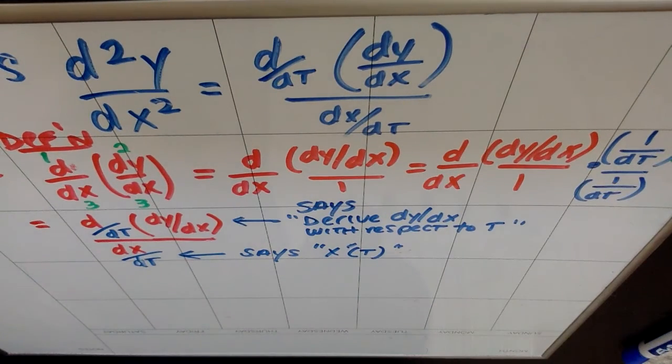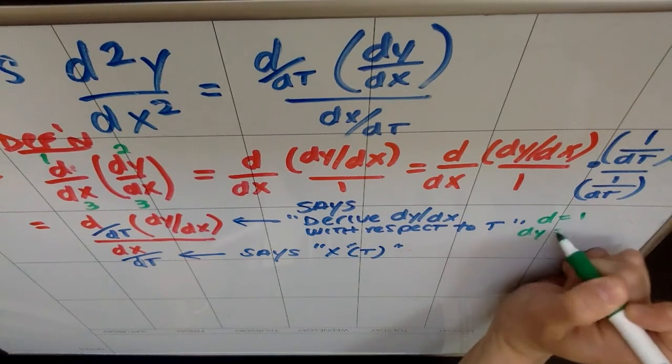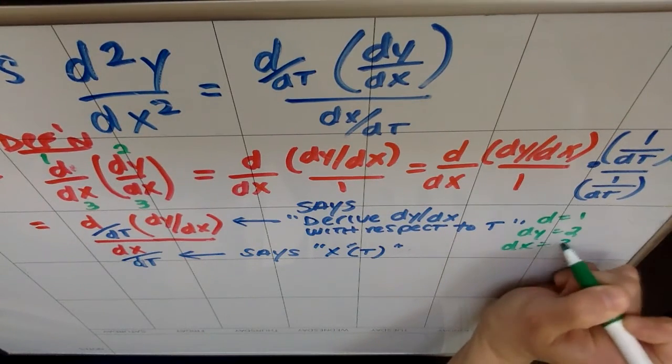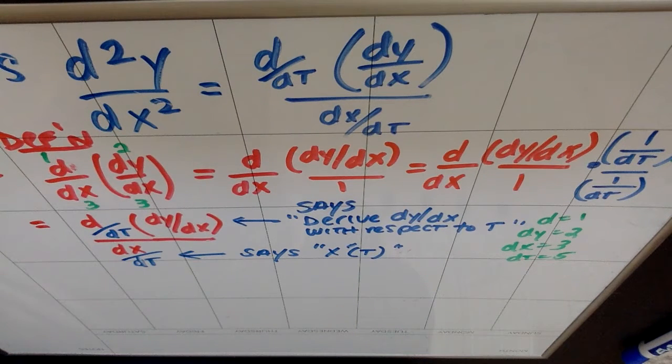So I'm going to take the above stuff that I did and replace d with a 1, dy with a 2, the dx's with a 3, and dt with a 5. I just picked 5 so that I would have all prime numbers other than 1, because it makes my life easier. Now I'm going to show that I would end up with the same mathematical quantity.